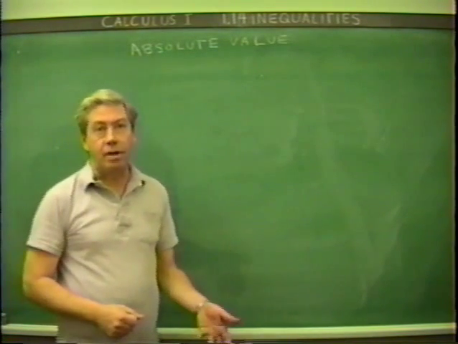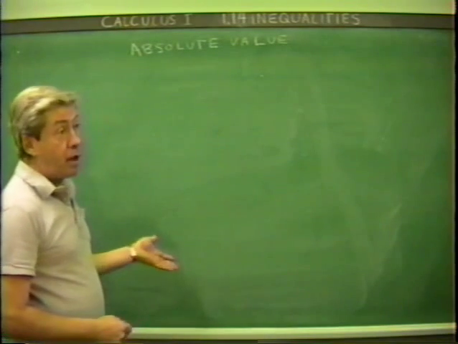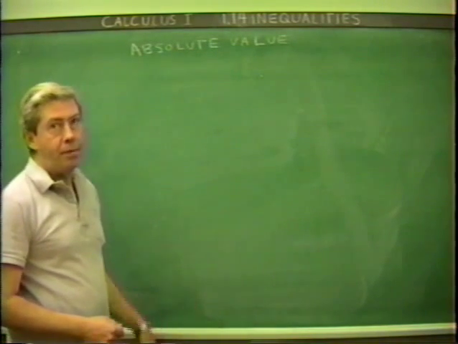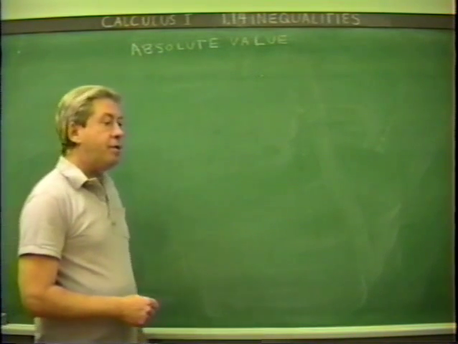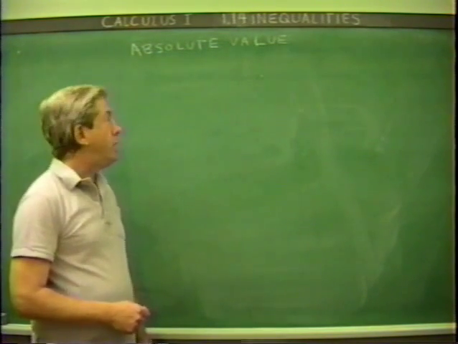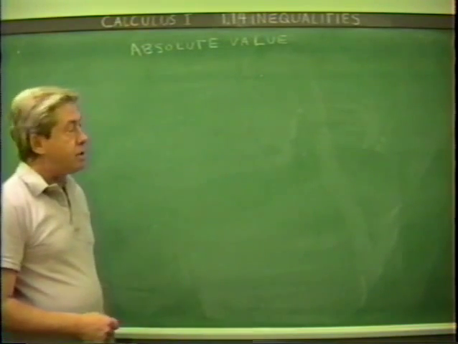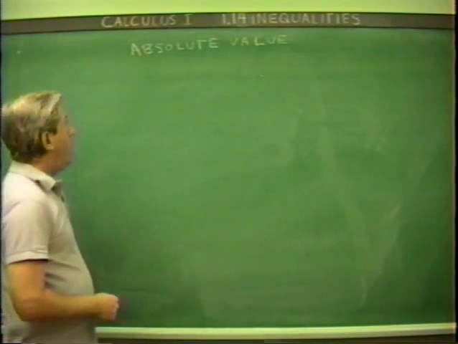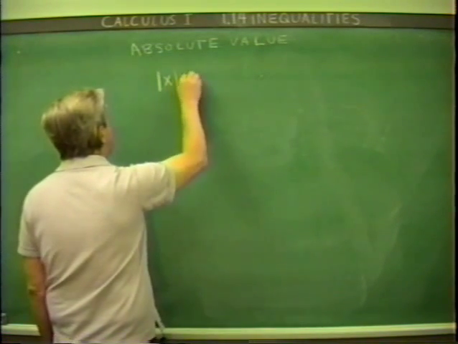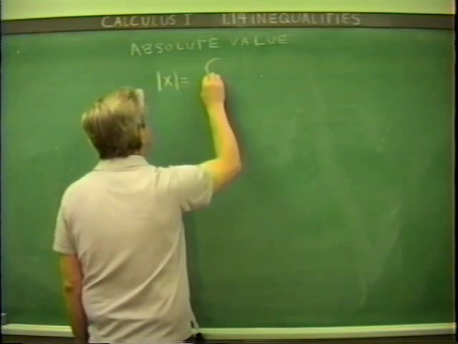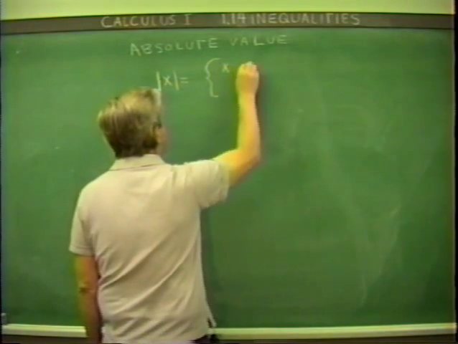For example, the absolute value of 2 is 2, the absolute value of minus 3 is 3, the absolute value of minus 5 is 5, the absolute value of 7 is 7. So the absolute value of a number is what you get if you drop the sign from the number. But the logic needed to work with absolute values is considerably more complicated.